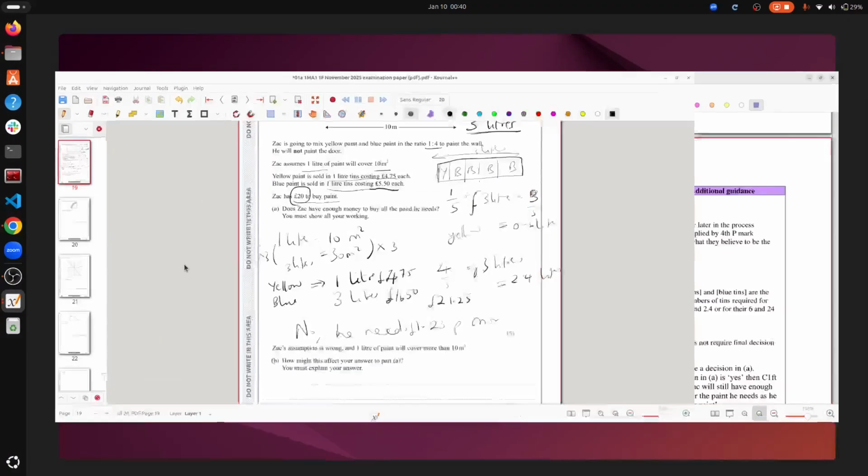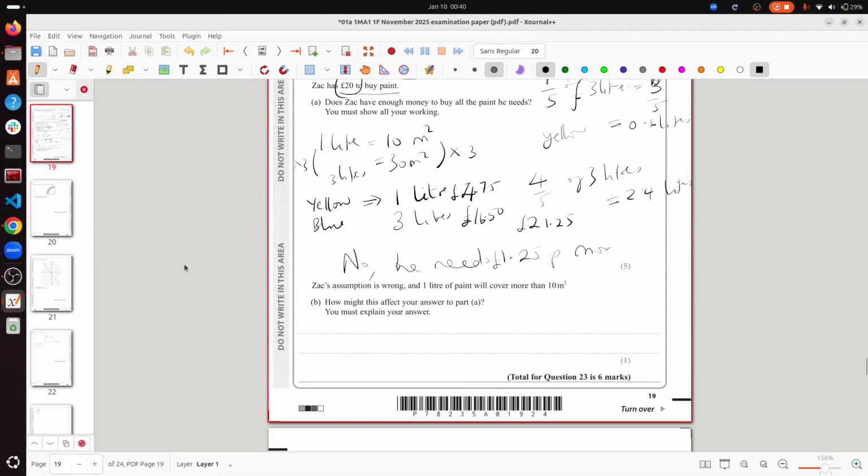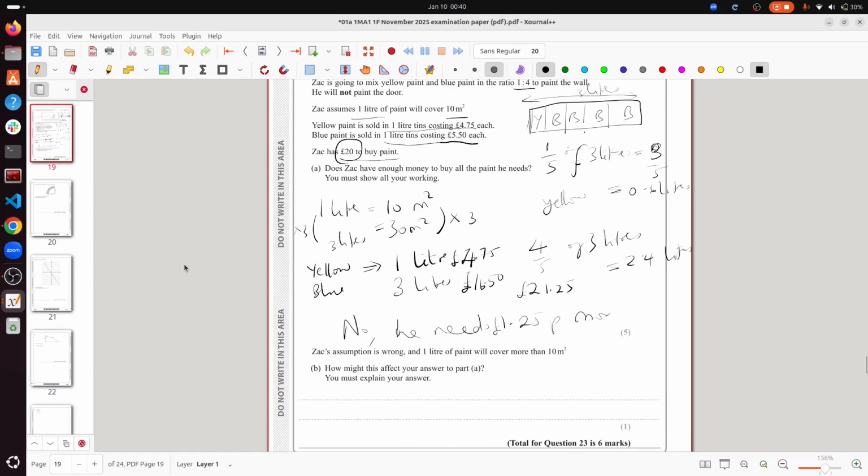Okay, now let's look at Zach's assumption is wrong, and 1 liter of paint will cover more than 10 meters. So going back to this now, if 1 liter will cover more, and he had 30, so let's assume he's going to cover 15.